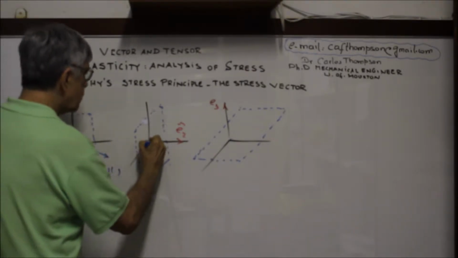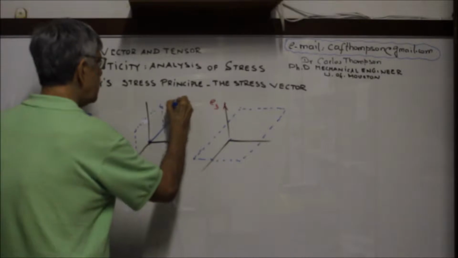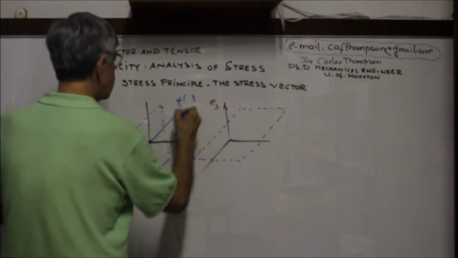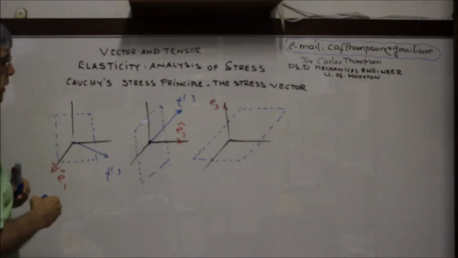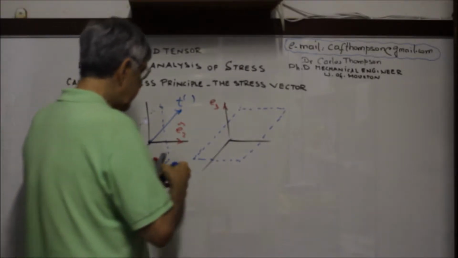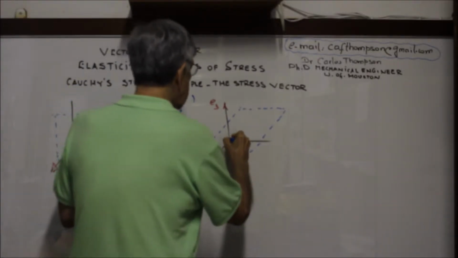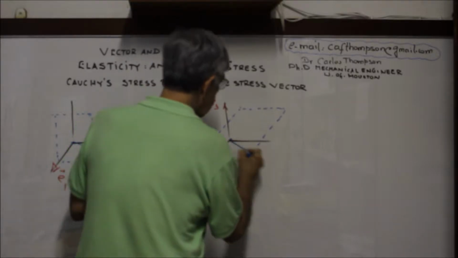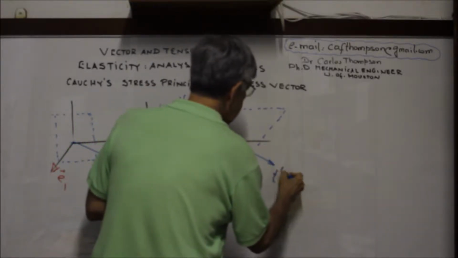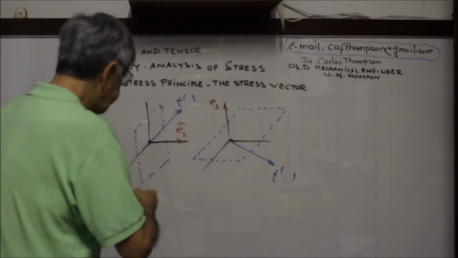This is T associated to the normal vector E2, and finally this is a T associated to the normal vector E3.